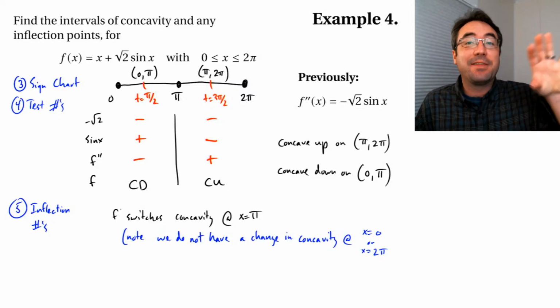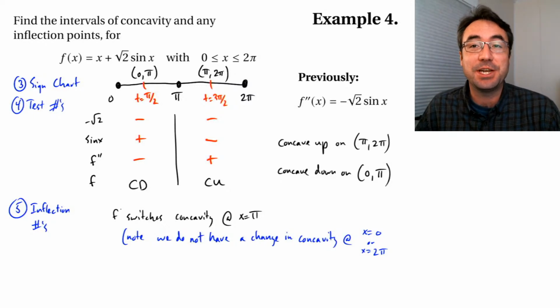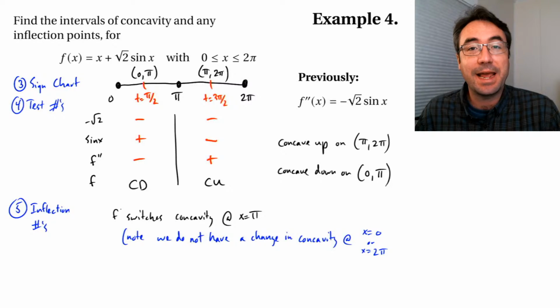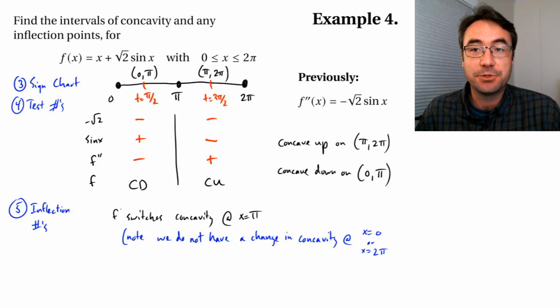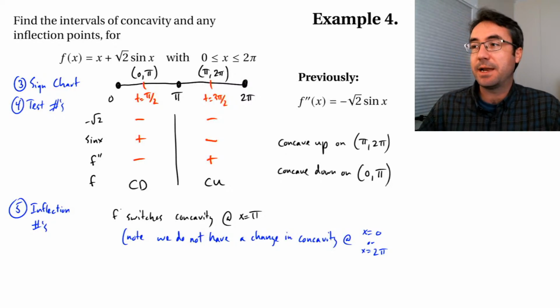So there's nothing on the other side of the interval, so we can't be changing concavity at the endpoint. So, technically speaking, this graph does not have an inflection point at those endpoints, 0 and 2 pi. So only there right in the middle at x equals pi.